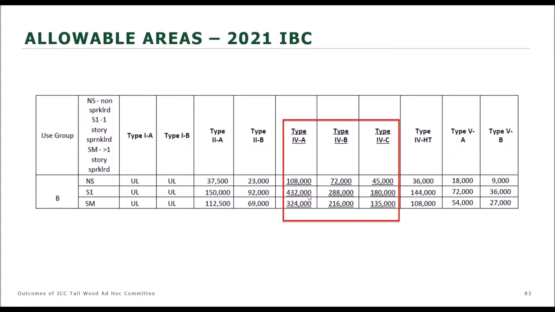The area of the entire building cannot exceed 3 times the allowable floor area for a single story in a multi-story building. So you get to multiply that by 3, and then you have to spread that total building area out among all the stories you have above. So as you go higher, your floor areas will get smaller.